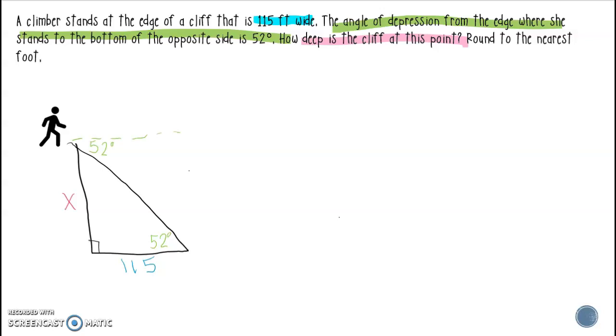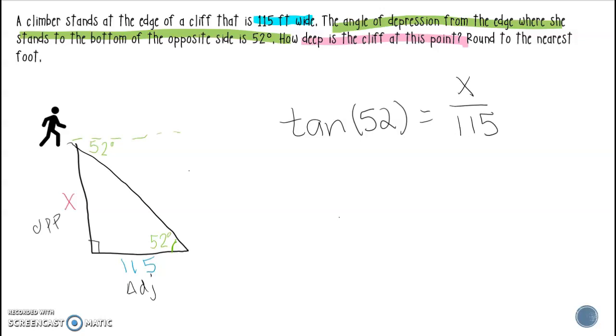So if I look at this angle, 52 degrees, I see again that I'm given the opposite and the adjacent, which means we're going to be looking at the tangent again. So the tangent of 52 equals x over 115.